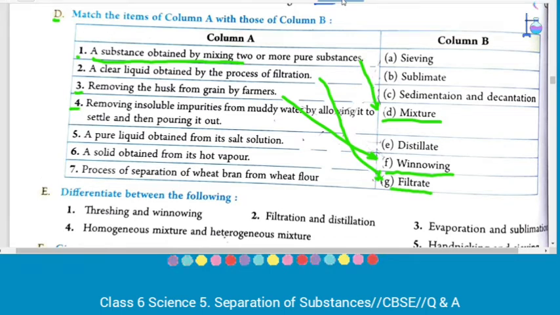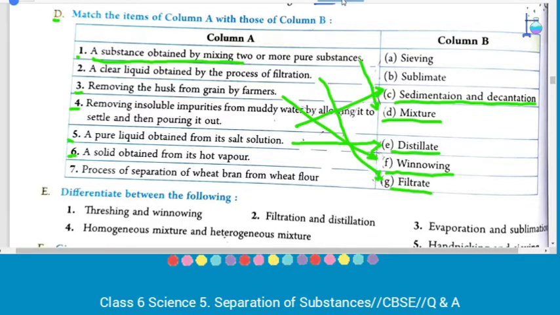Fourth one, removing insoluble impurities from muddy water by allowing it to settle and then pouring it out is sedimentation and decantation. Fifth one, a pure liquid obtained from its salt solution is called as distillate.